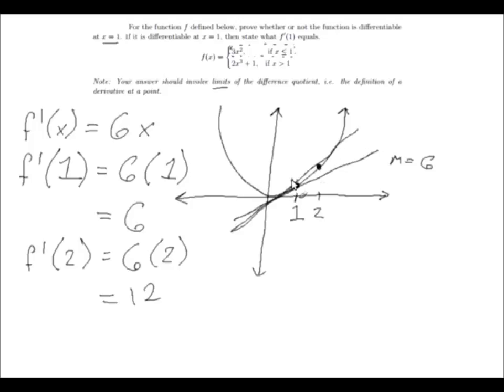That was a horrible line. Let me try that again. That's better. Then this one would be m equals 12. Really important, because with this we can actually see how much it's changing over the graph.